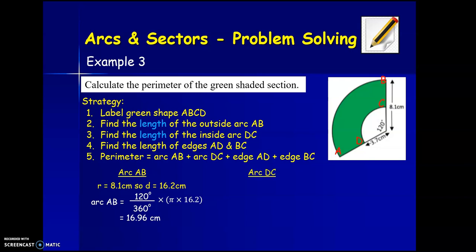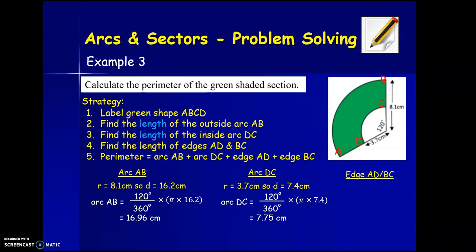For arc DC, the radius this time is 3.7, so the diameter is double this, which is 7.4 centimetres. Arc DC will be the same fraction, 120 divided by 360, multiplied by the circumference, which in this case is pi times the diameter of 7.4, and that will give us an overall arc length of 7.75 centimetres.